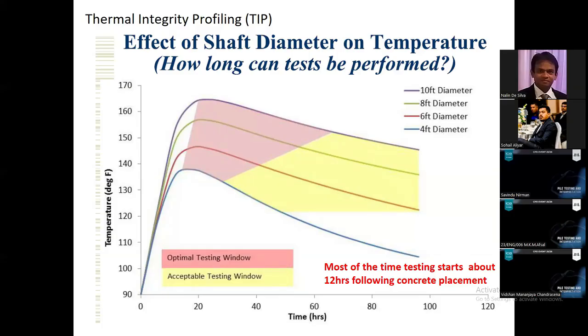To conduct the sonic logging test, you have to wait for about 3 days minimum. But the TIP test, thermal integrity profiling test, can be conducted 12 hours after concreting, right? And this purple color zone indicates the optimal testing window, the best window for testing.